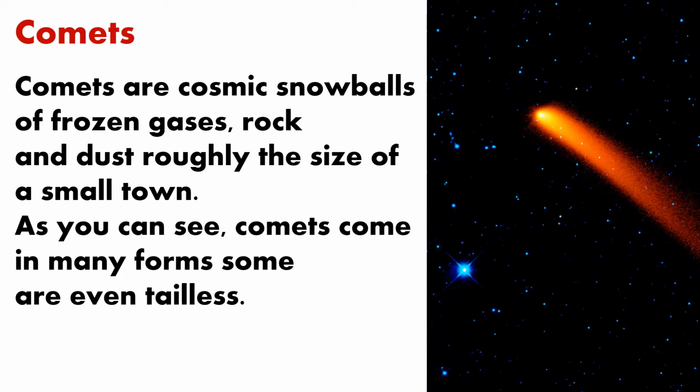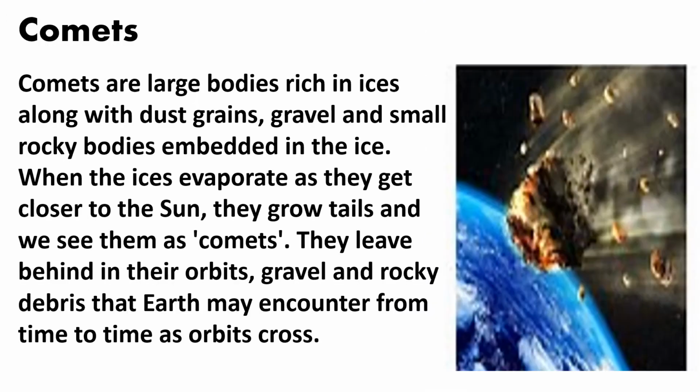So this is the image of how comets look. It does not mean that all comets come with a tail, but there are also some comets which are even tailless.